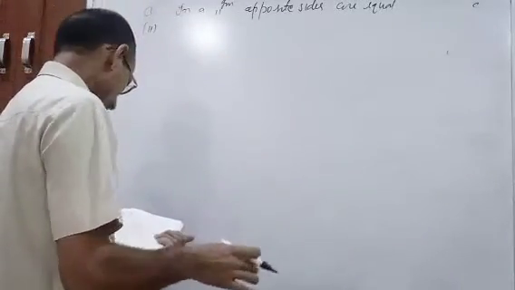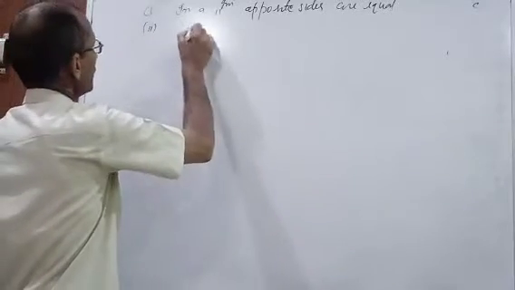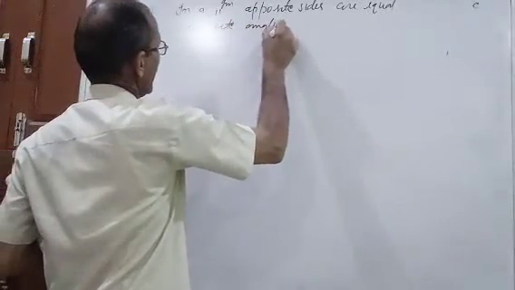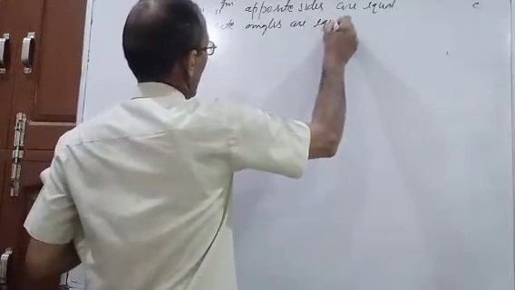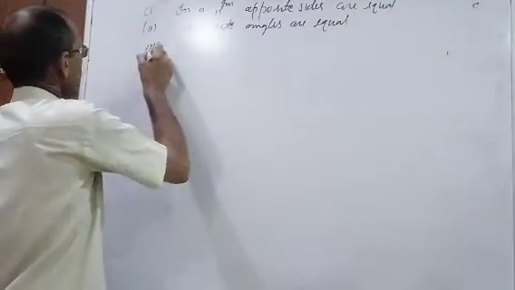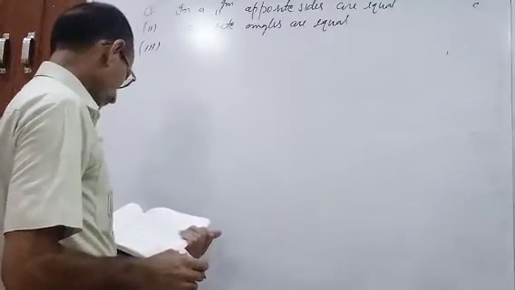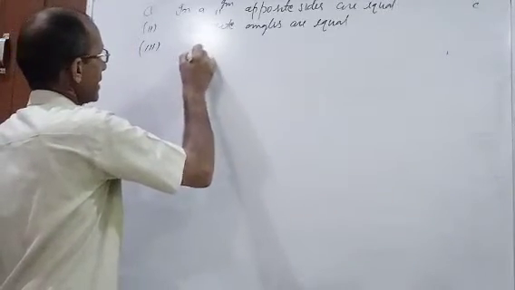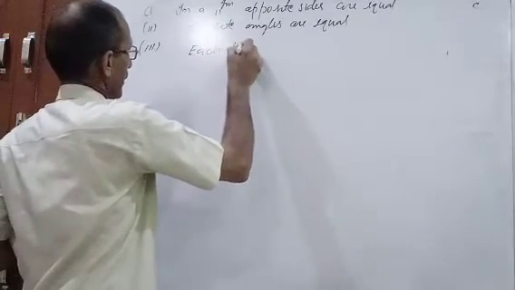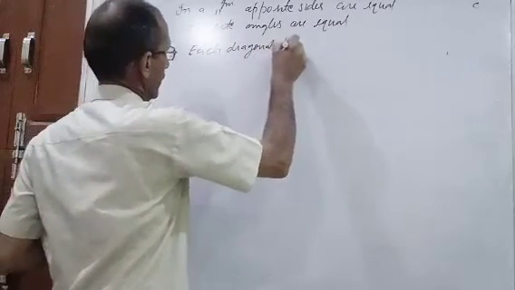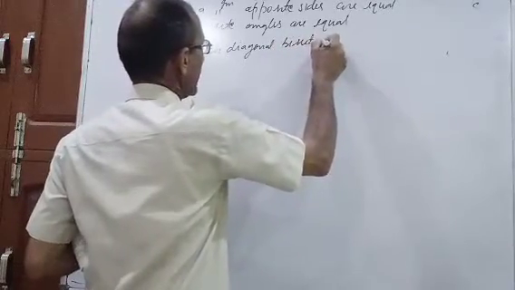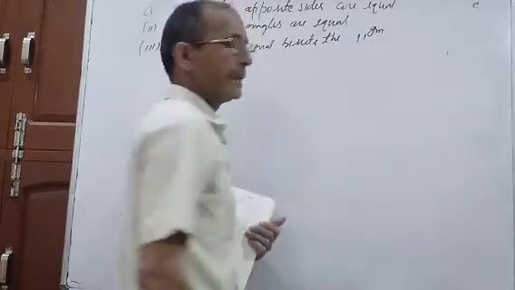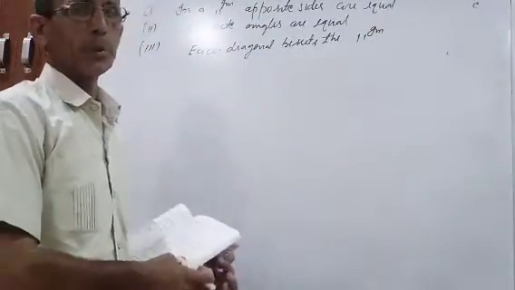Opposite angles are equal. Third, each diagonal bisects the parallelogram. These are the three points we have to prove.